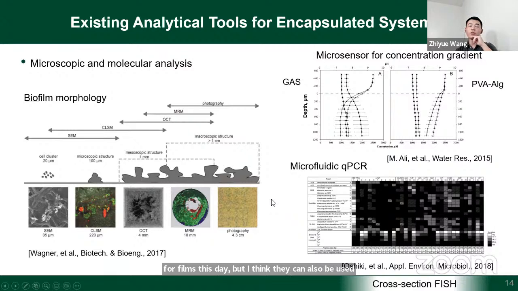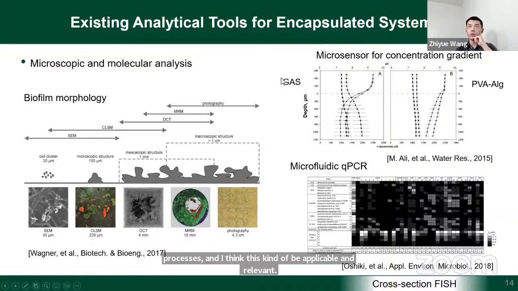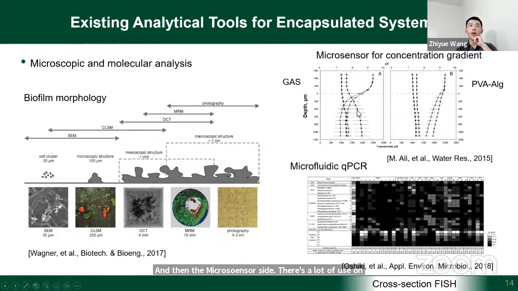I haven't seen many reports on them being used yet, but I do see a lot of similarities between the two processes, and I think these can be applicable and relevant. And then on the microsensor side, there's a lot of use on both ends. Piercing through the encapsulant versus piercing through a biofilm can also tell you the concentration gradients of all that. Does that answer the question? Okay.